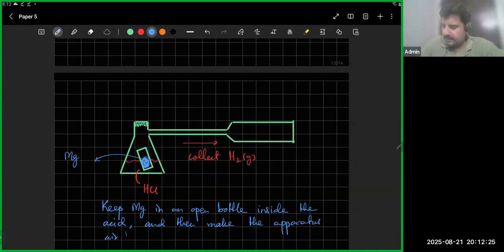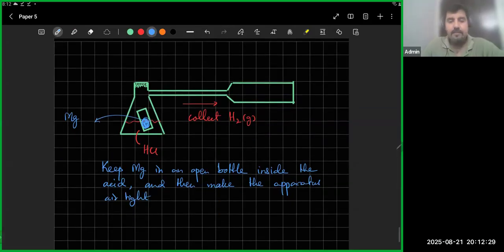Now the only thing that needs to be done is that you're going to tilt the apparatus, because now it's airtight, so that the bottle falls into the acid.